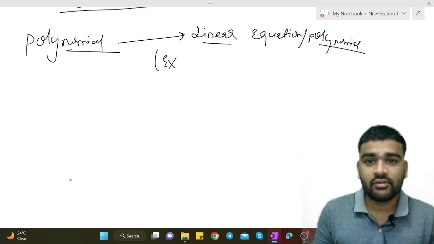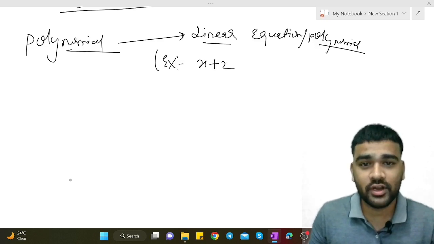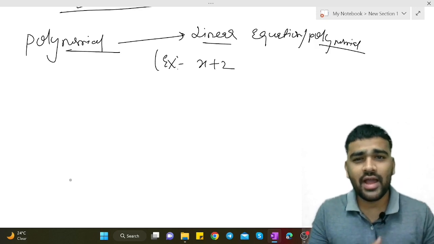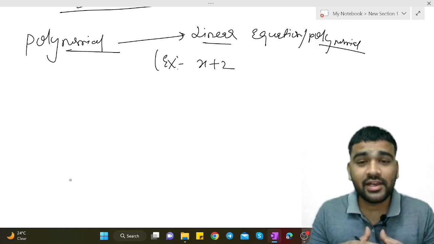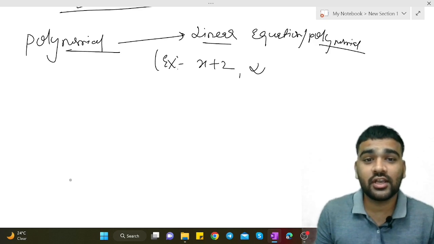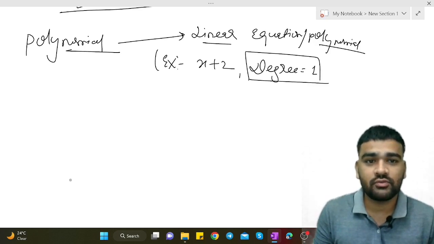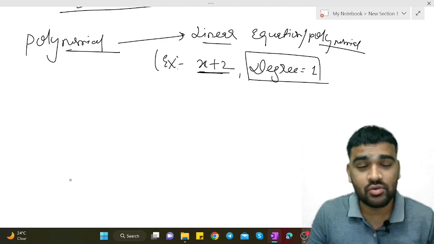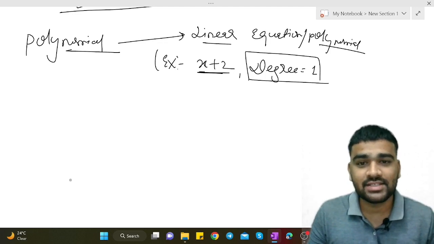Let's say I write x plus 2. This is known as a linear polynomial. Why am I saying linear? Because the degree will be 1. In this expression, the maximum power of x is 1, so that is why this is a linear equation or polynomial.